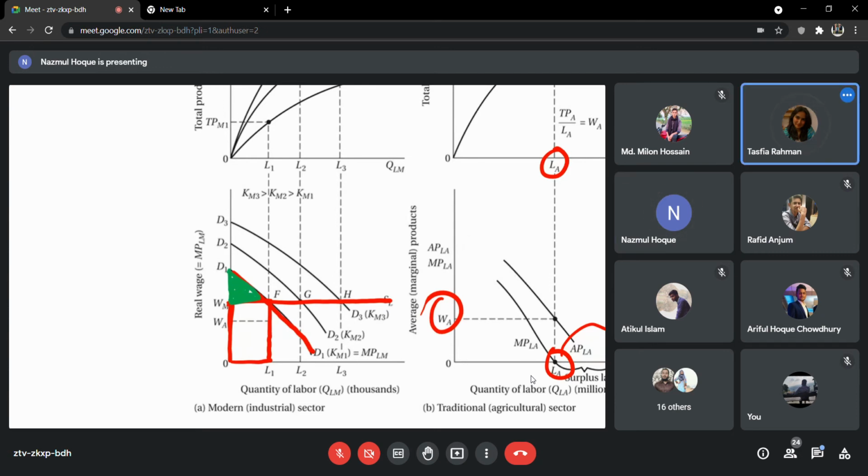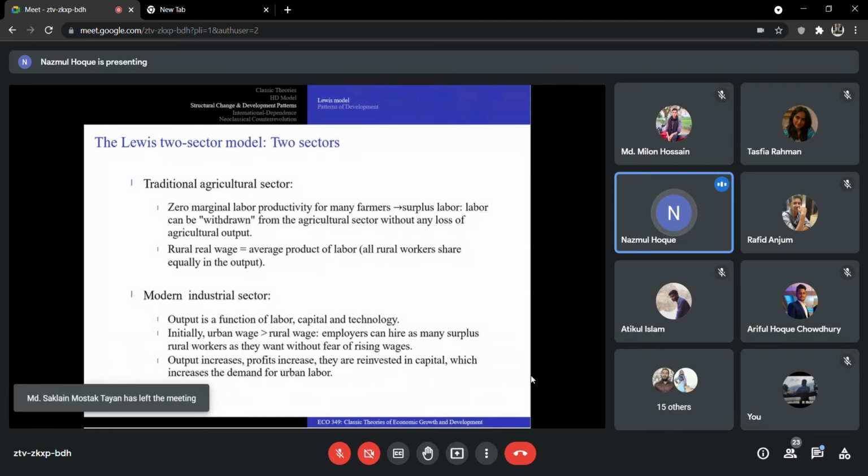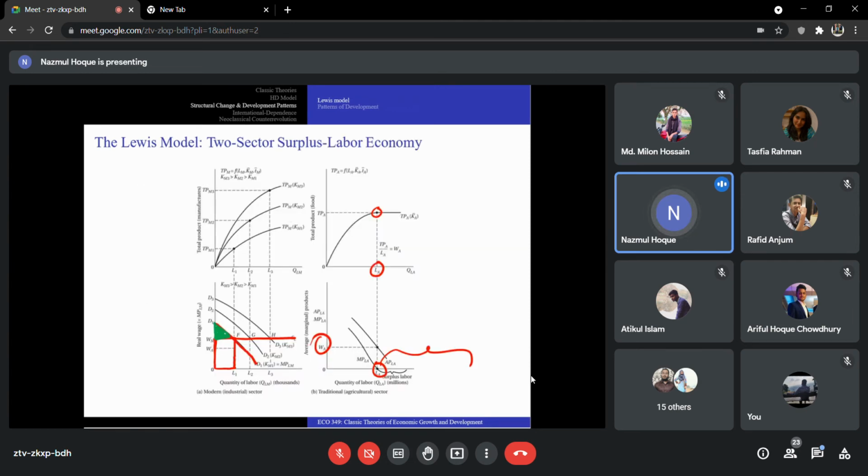No, sir. So as I mentioned before, one of the assumptions that we have here is that the manufacturer, this capitalist, is going to reinvest the profit in capital. So if that is the case, the level of capital stock in the modern sector is going to go up.